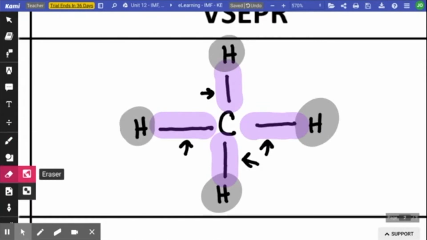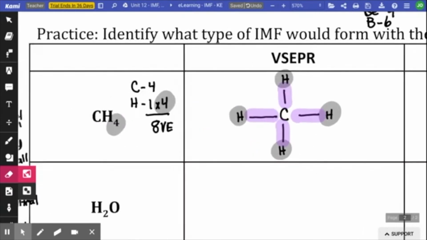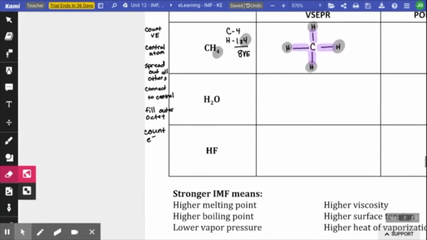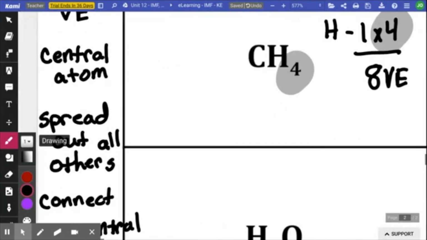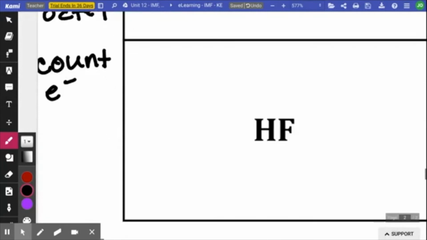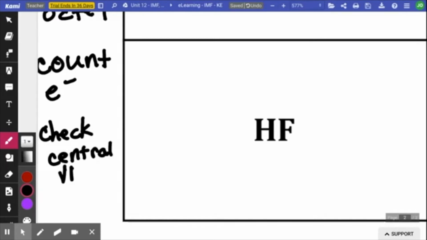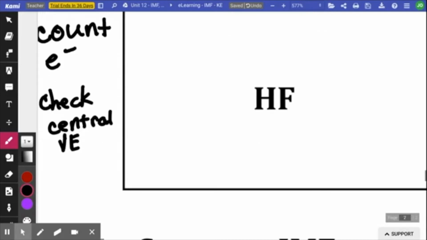So it does have 8 valence electrons. So count your electrons, check your central atom, and make sure it's good with its number of valence electrons.